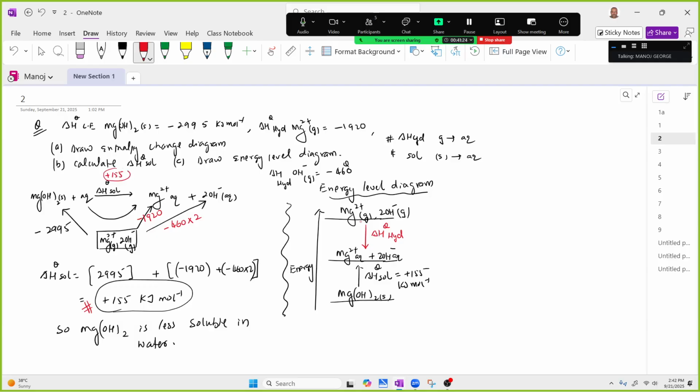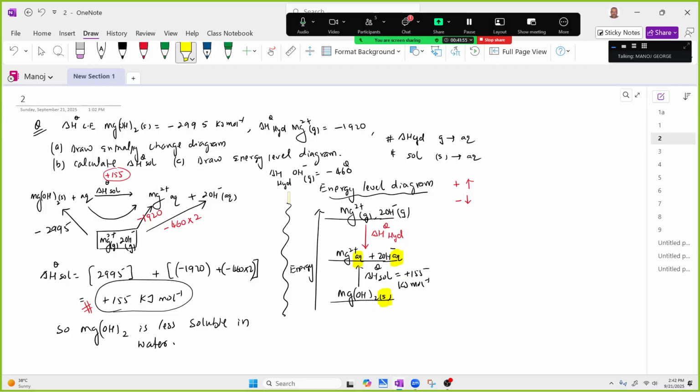Plus 155 means the arrow has to go up or down? The concept says if it is plus, the arrow goes up. If it is minus, the arrow goes down. Do you remember this? Because it is plus, my solid to aqueous arrow has to go on top. So that's why I keep solid here at the bottom, and then aqueous in the middle, because from solid to aqueous is plus 155.